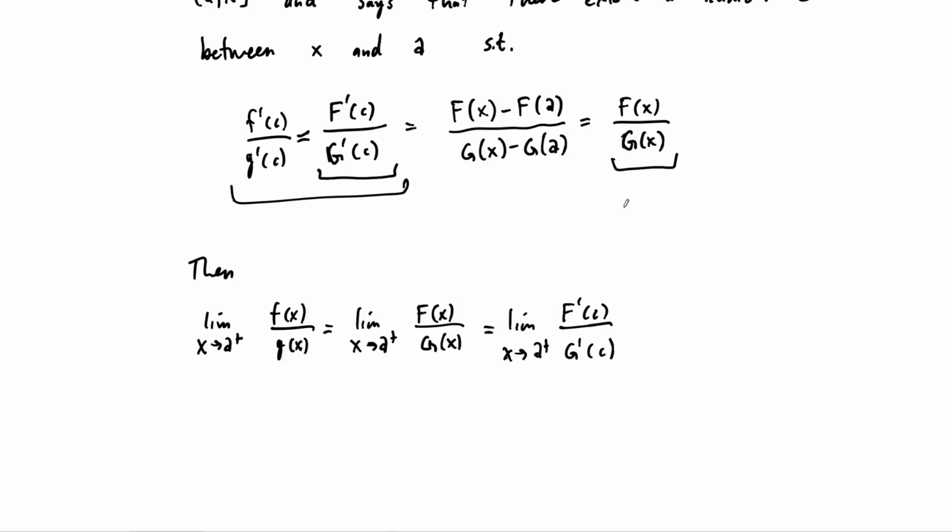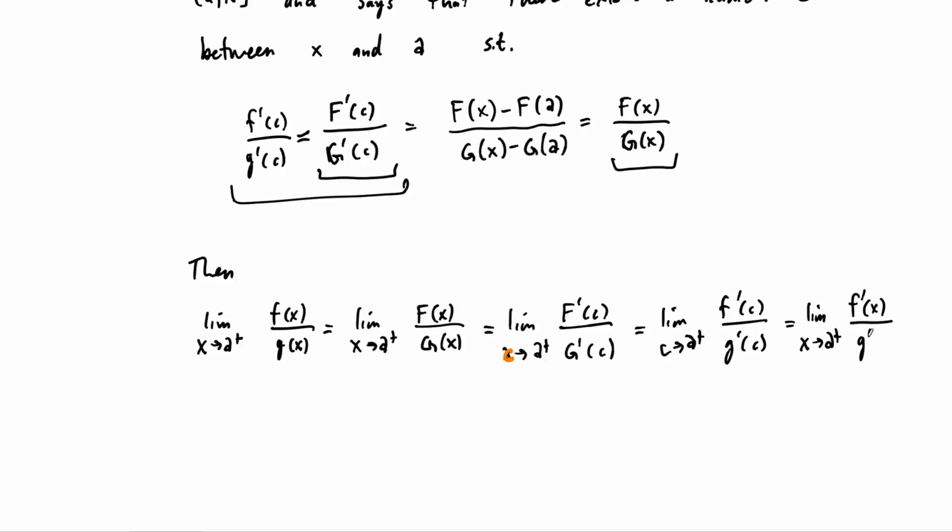So actually what we can do here is replace this with c, right? And so this is just now a different letter. And so this, by the way, by this formula, is equal to the limit as c approaches a from the right of f prime of c over g prime of c, which, of course, I'll swap out with x now just to get the notation looking right.